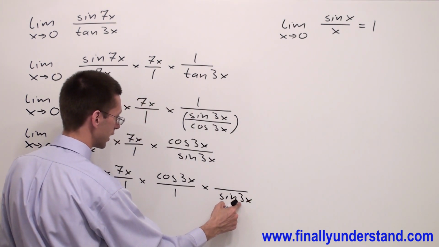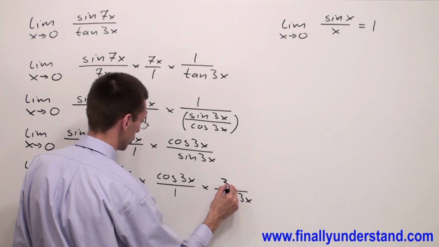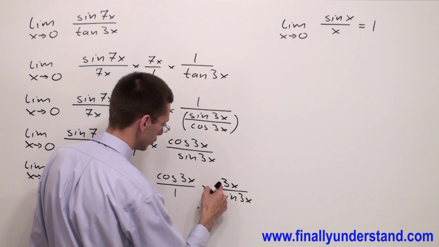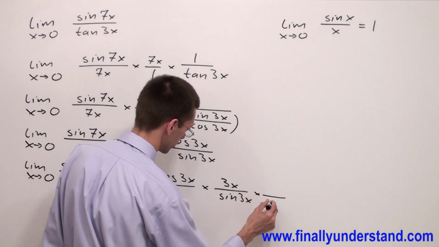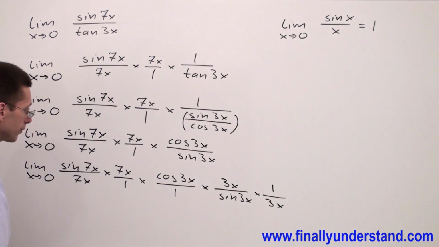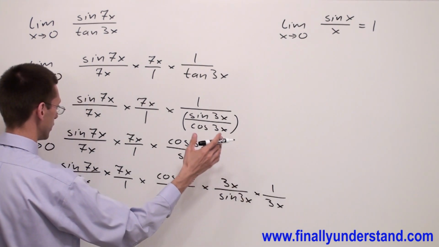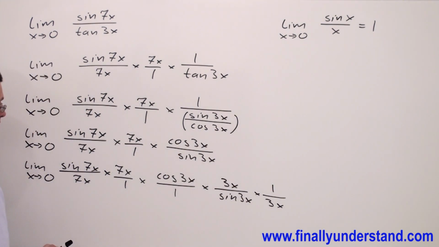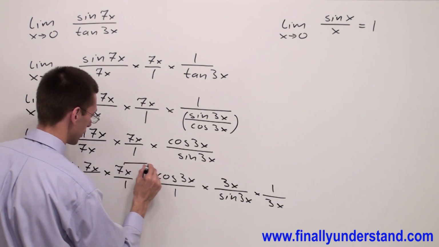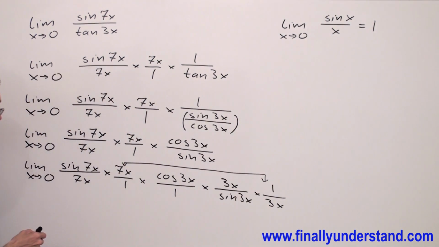Because I have sine 3x and I want to use this formula, in the numerator I'm supposed to have also 3x. And because I add 3x to the numerator, I have to compensate this 3x by 3x in the denominator, because my last expression has to be equivalent to the previous one. So what I'm going to do next, I'm going to rewrite this one more time, but this time I'm going to combine these two fractions together.